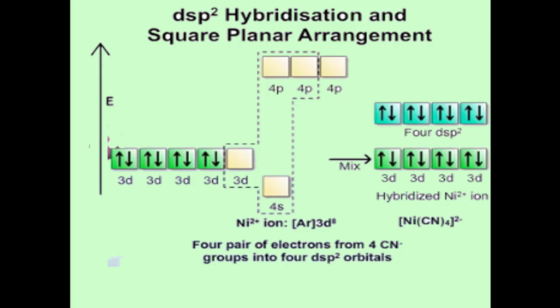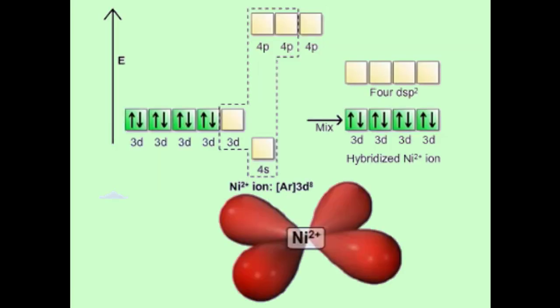So let me first explain the square planar arrangement. First, you may see that these are the 4 dsp2 hybrid orbitals 1, 2, 3, and 4, and this is basically the nickel, which now goes toward the hybridized state.